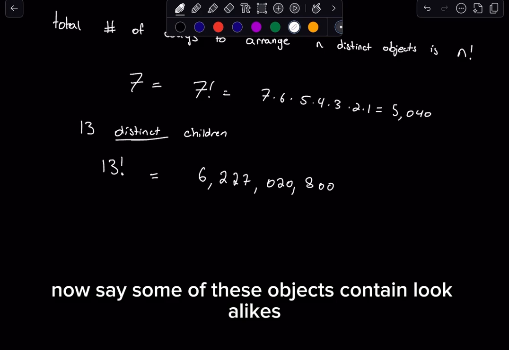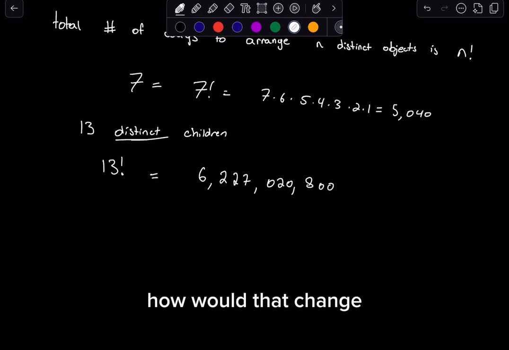Now say some of these objects contain lookalikes. How would that change?